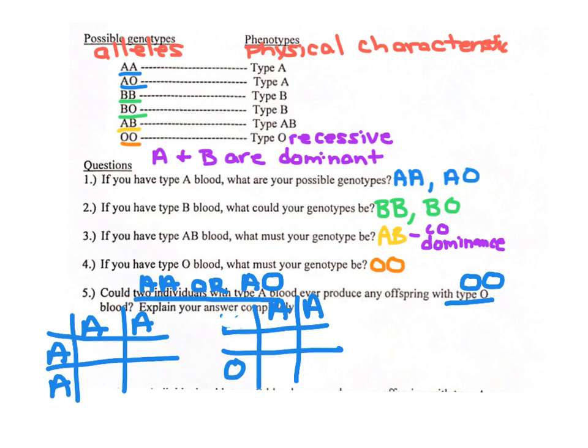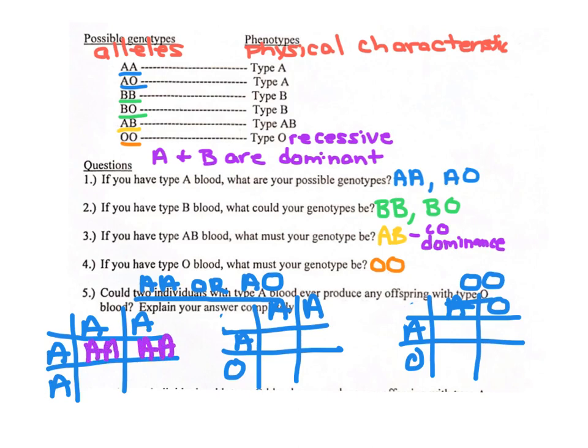Or we could have AO with AO. So those are all the different things that could happen. So would any of those produce type OO blood? Well, let's check it out.